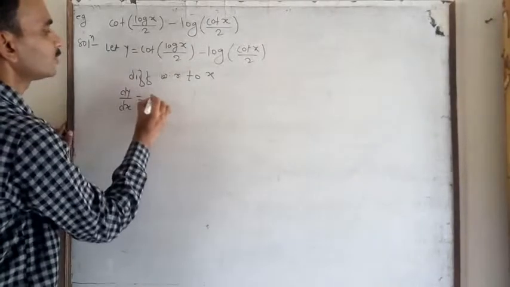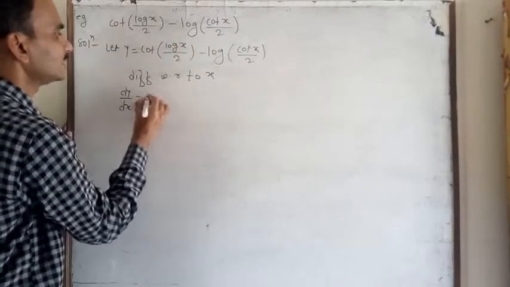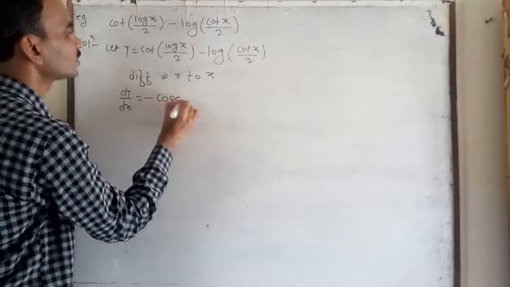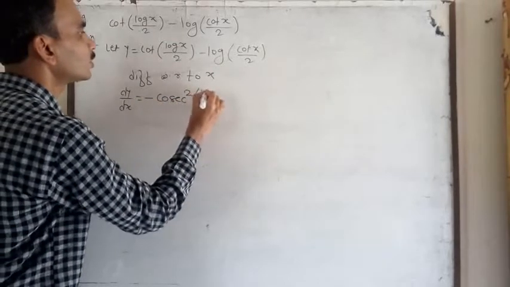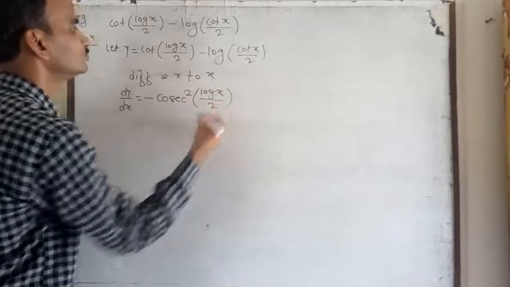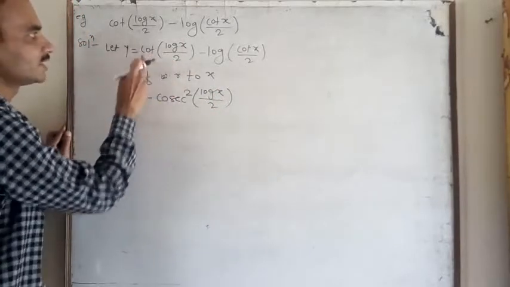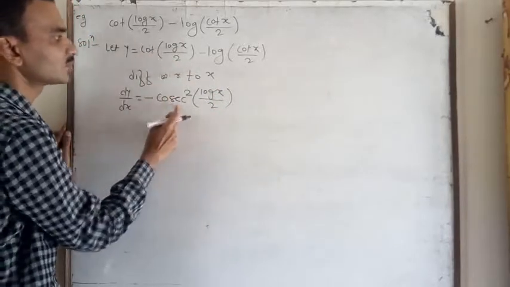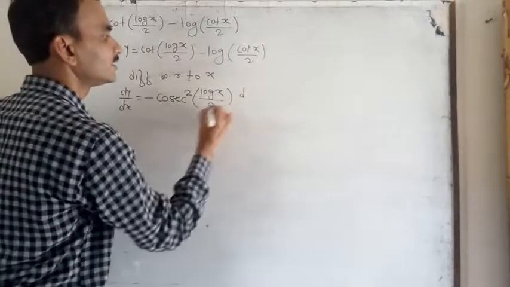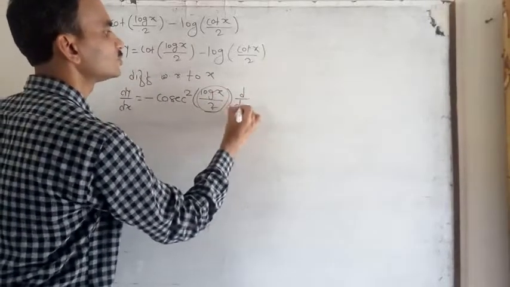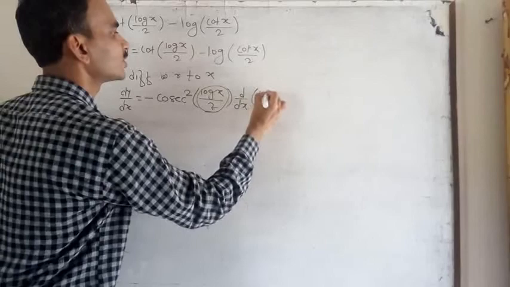So here the derivative of cot of this term is minus cosec square log of x upon 2. Cot x, the derivative of cot x is minus cosec square x, and here there is a term in x, so differentiate this term with respect to x again.